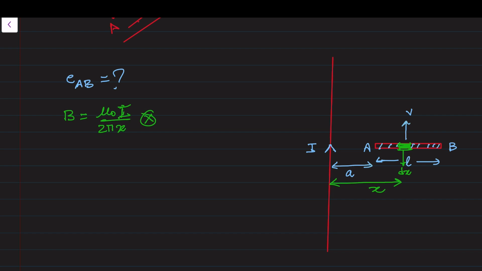Due to the movement of this small element dx in this magnetic field B, an EMF is induced across it, dE equal to VB dx, that is mu naught I upon 2 pi x times V dx. It comes with the direction from right hand palm rule number 3. You can say this is the direction.